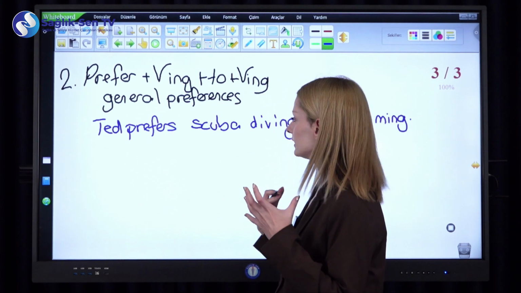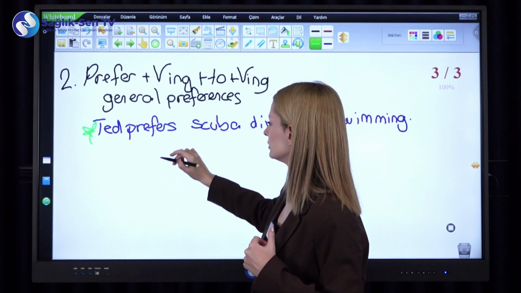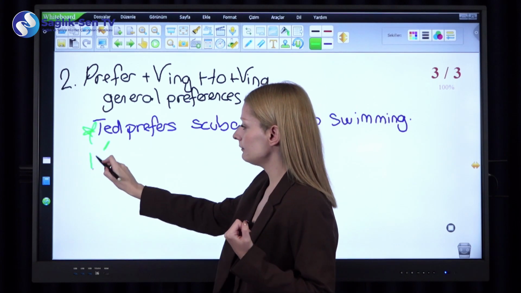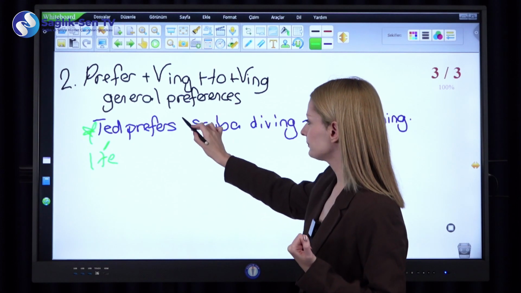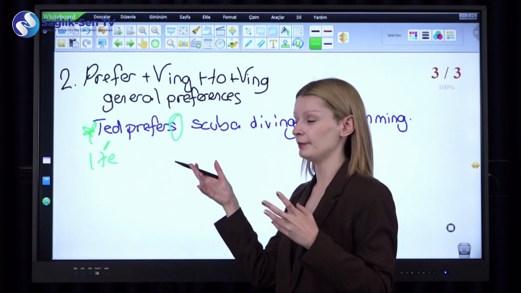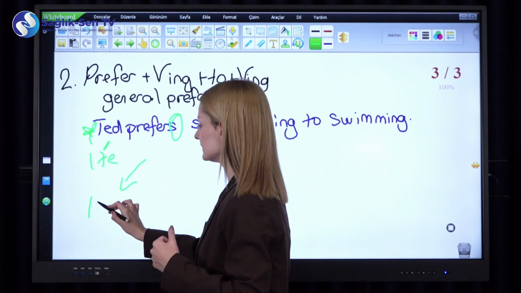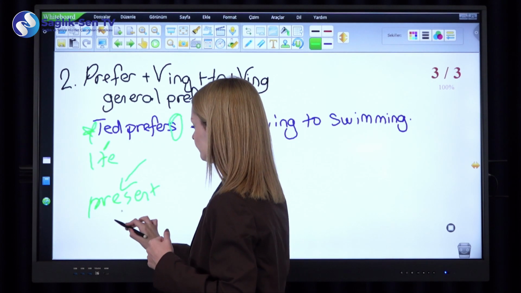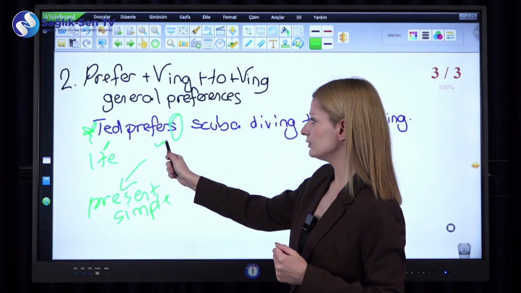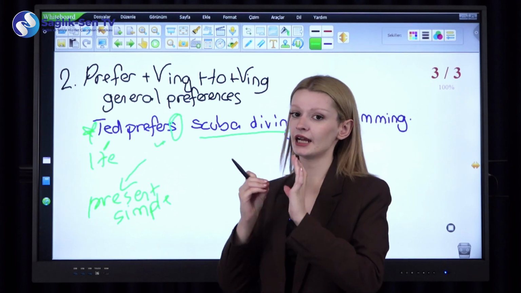Let's go in deep with this example. Ted prefers. My subject in the sentence is Ted. It's a he. And that's why I added s at the end of the verb, because the tense of this sentence is present simple. And after I used prefer, I put what Ted prefers.